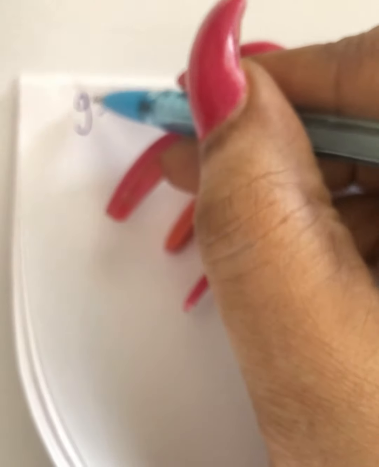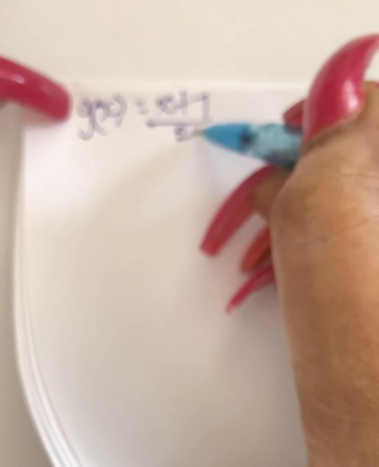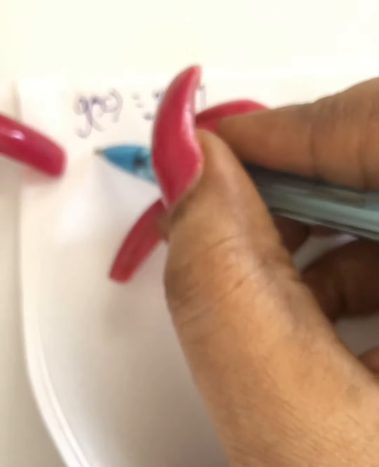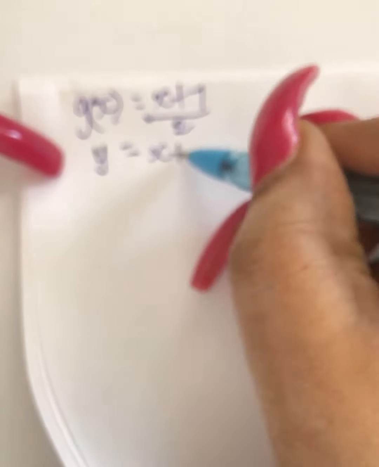So that's my ABC. D has asked me to find the inverse of g of x. Let me write g of x first: (x plus 7) over 2. Right? So I want the inverse of this. We replace g of x with y. We interchange x and y.